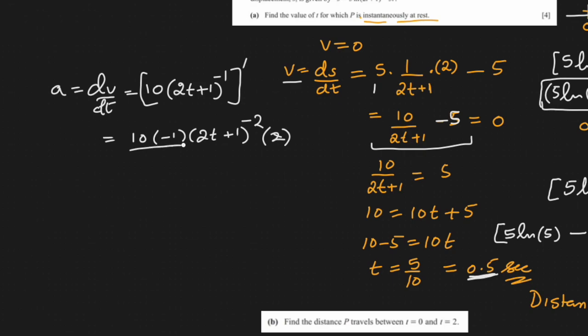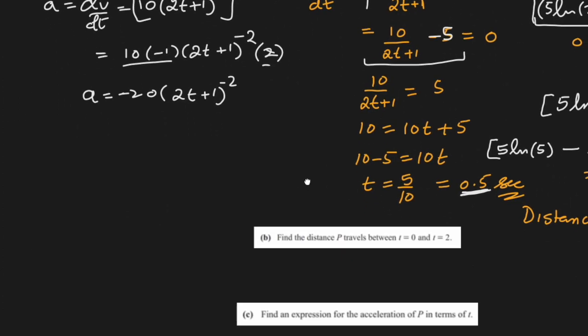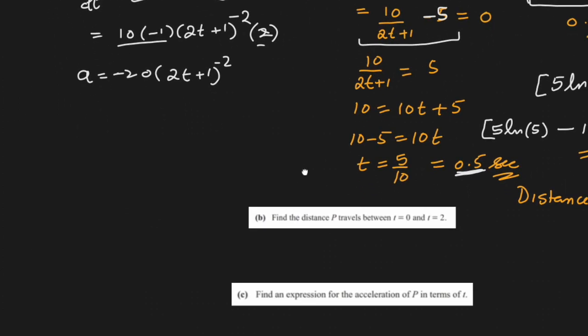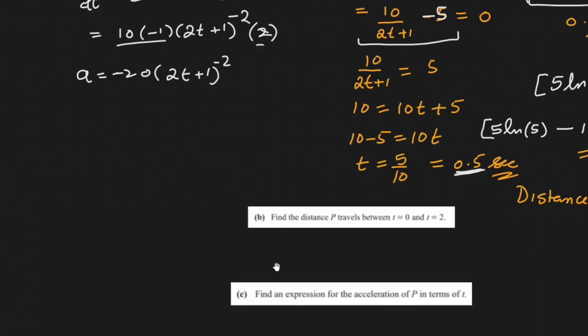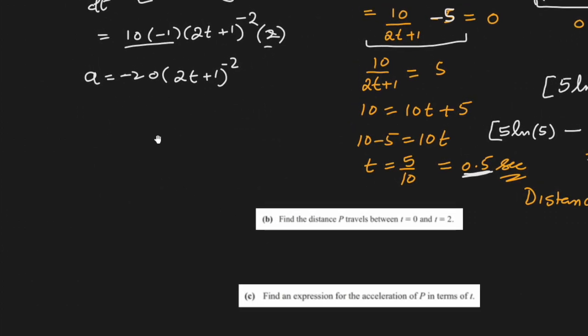So minus 10 times 2 is minus 20 times 2t plus 1 to the power minus 2. That is your acceleration. The question was, find acceleration in terms of t. Done that, so that is the answer. The simplified version is acceleration equals minus 20 over 2t plus 1 square.